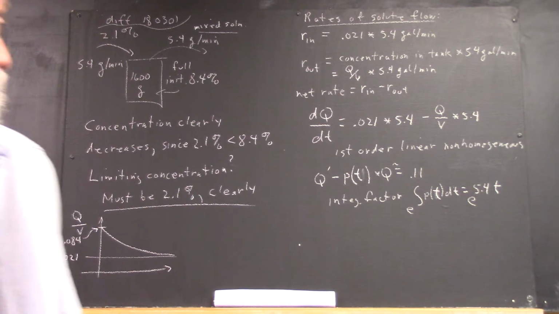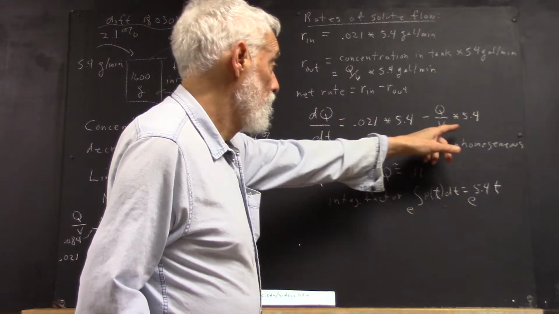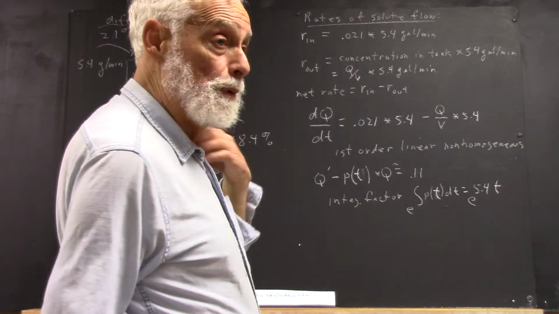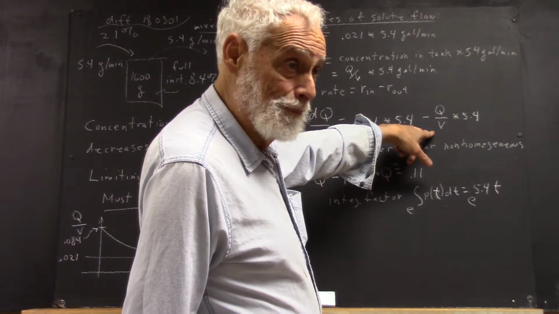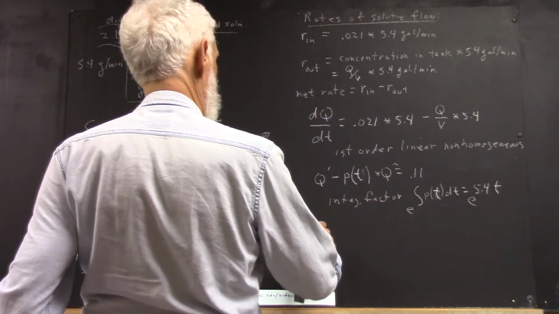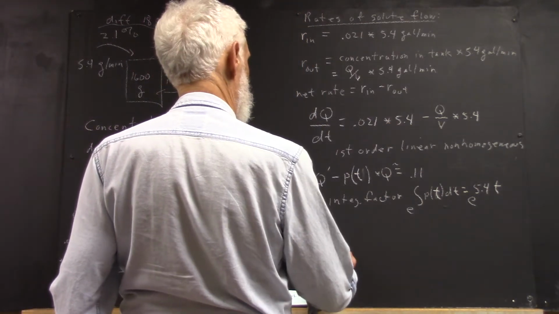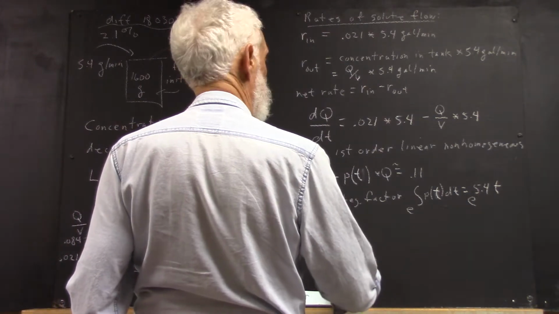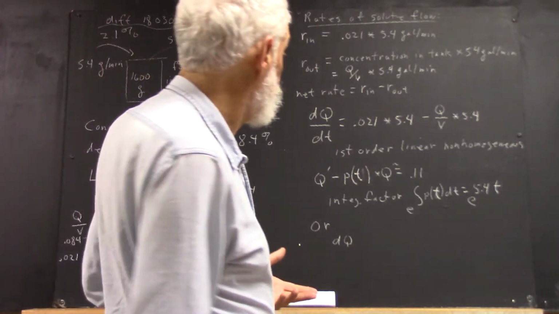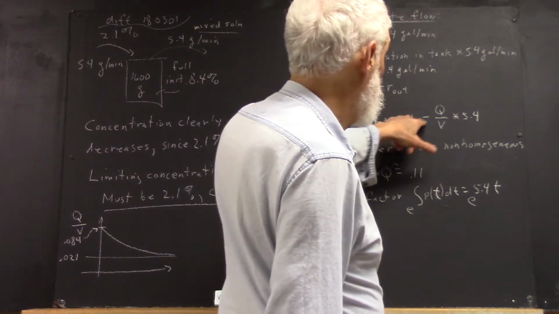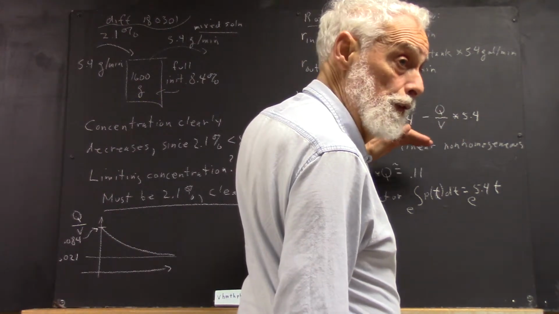And I was wrong and sort of ignorant when I said that this wasn't separable, because V is not your variable of integration, T is. Okay? Or you get dq. Now if you put this over a common denominator, you're going to have this times V minus Q all over V, right?